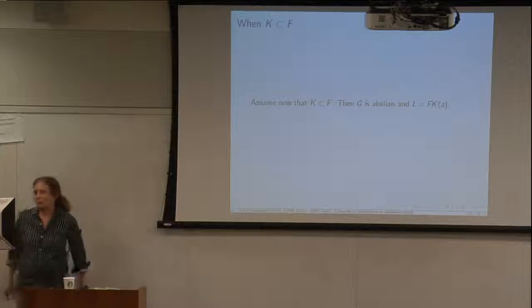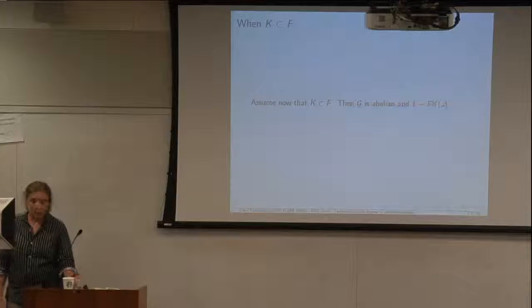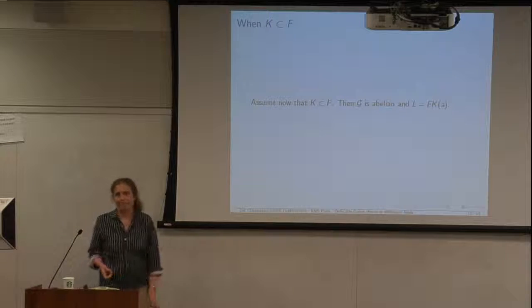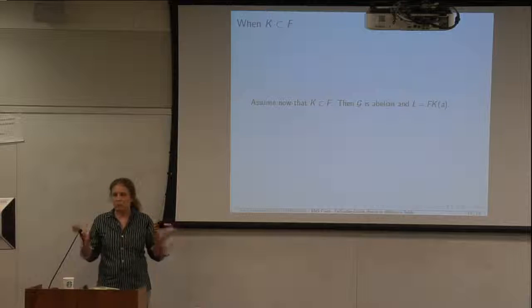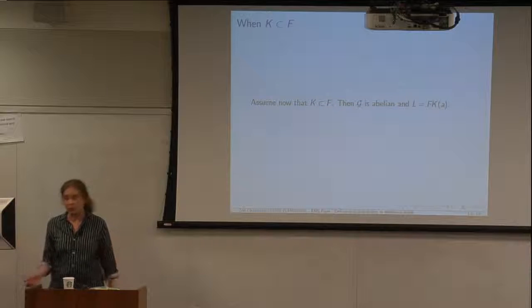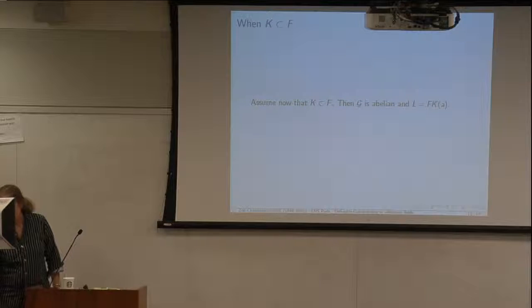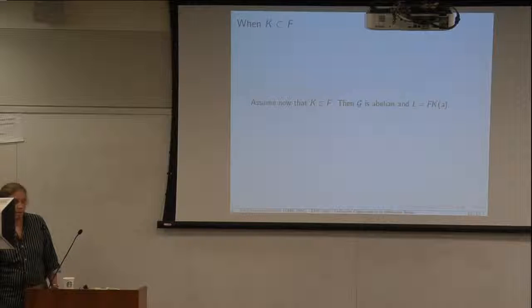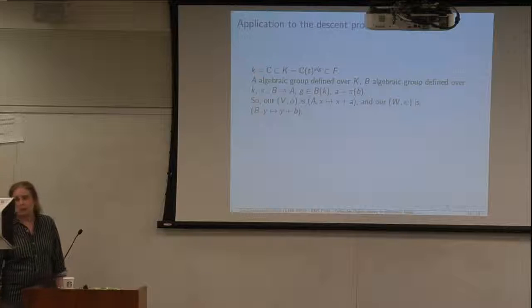And you just get that it's abelian. And not only that, but it's generated by one solution. So actually, H bar and G, you don't have op because it's abelian. Okay, so that's nice. So you apply it to the descent problem.